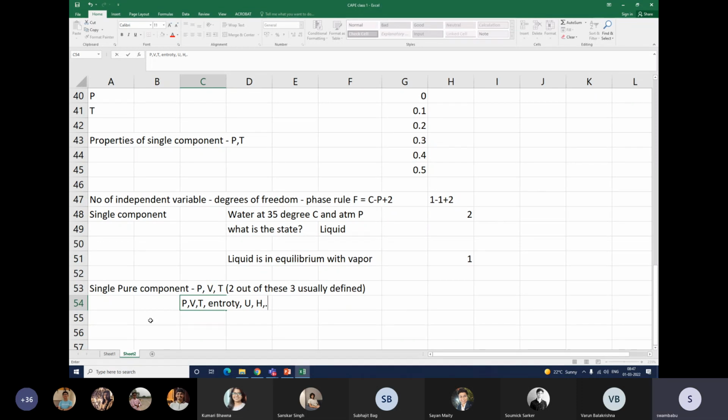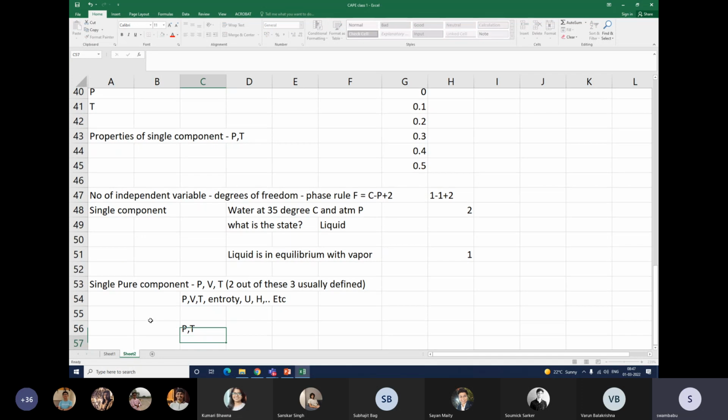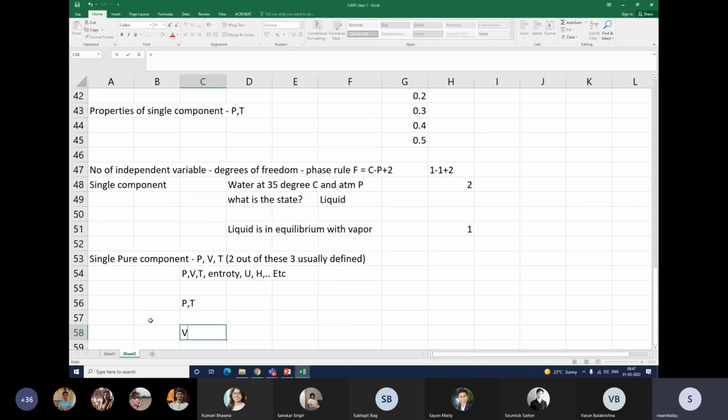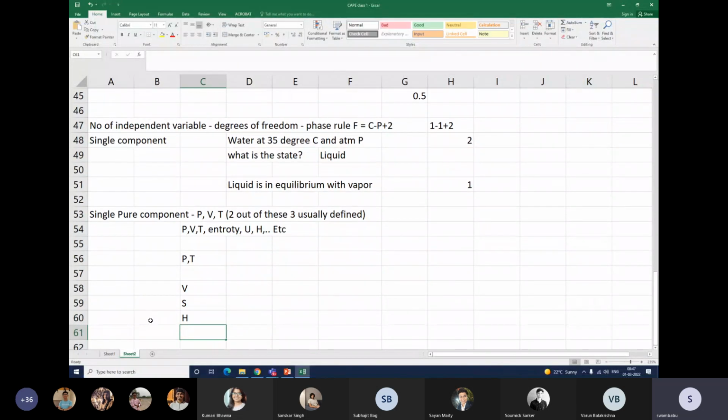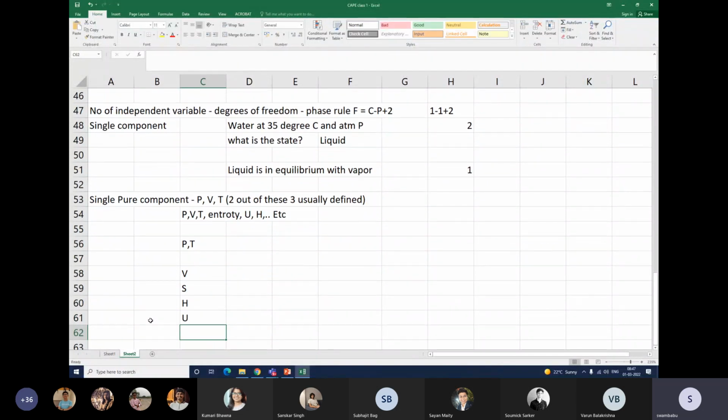So that is the whole exercise of thermodynamics: if we define any two, we will be able to estimate the rest of the properties. A lot of derivations and simplifications are done so that if I know two properties, usually pressure and temperature, I should be able to estimate volume, entropy, enthalpy, internal energy, and whatever latent heat of vaporization, delta H.